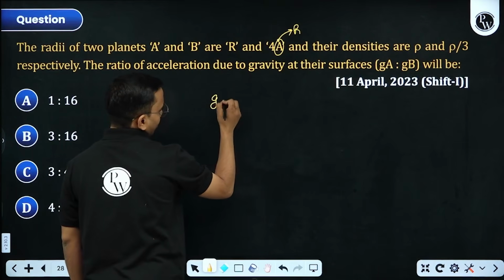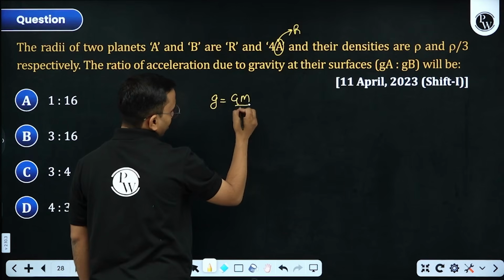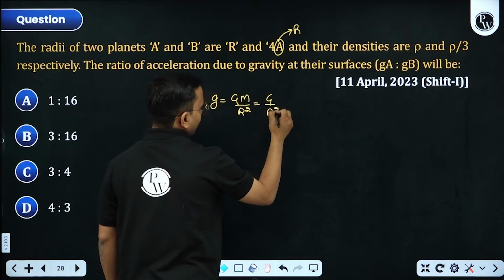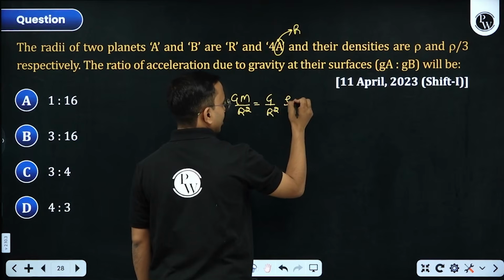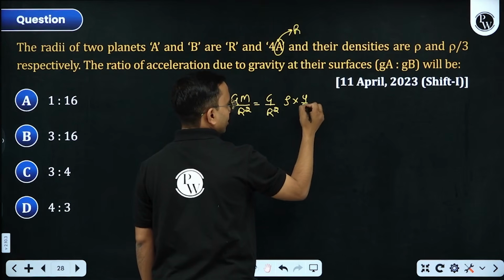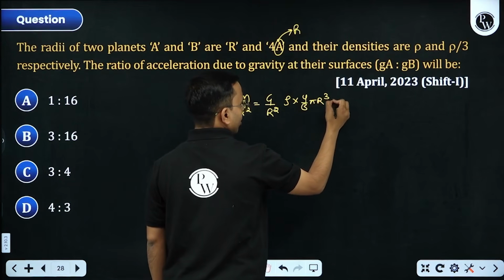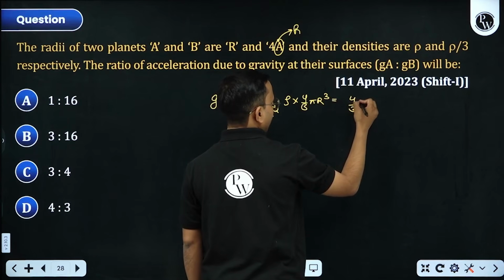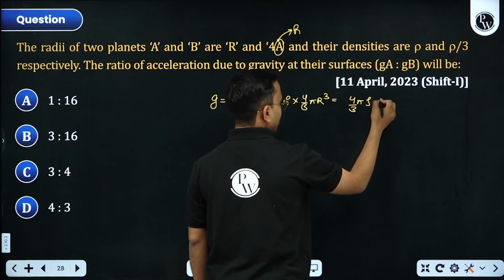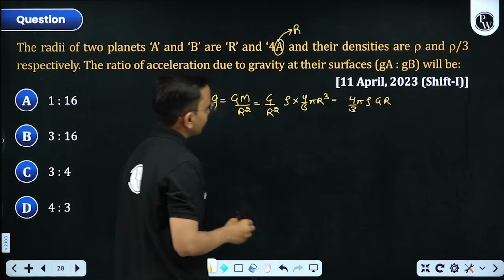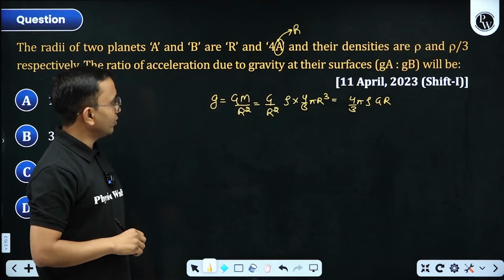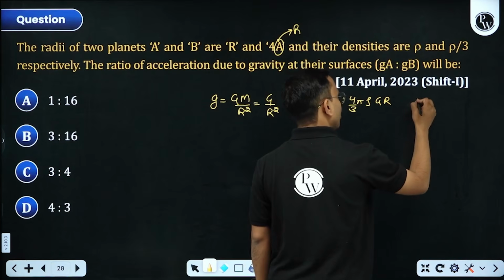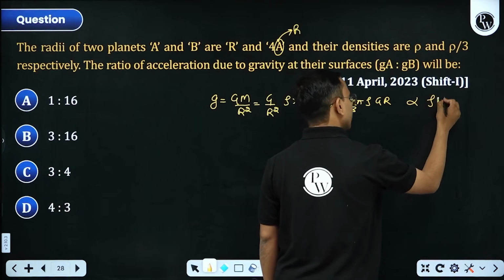So g is GM by R square. Let us put mass in terms of density, that is density into the volume. So this is basically 4 by 3 pi rho G into R. So I can say g is proportional to density into radius.